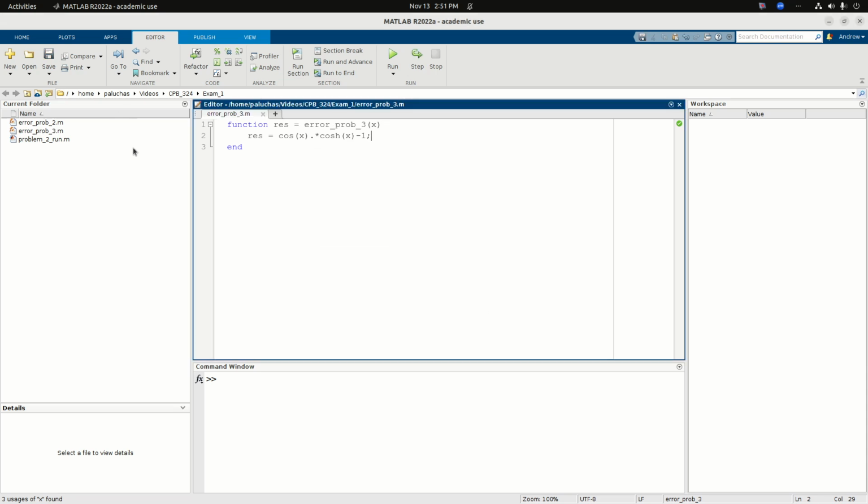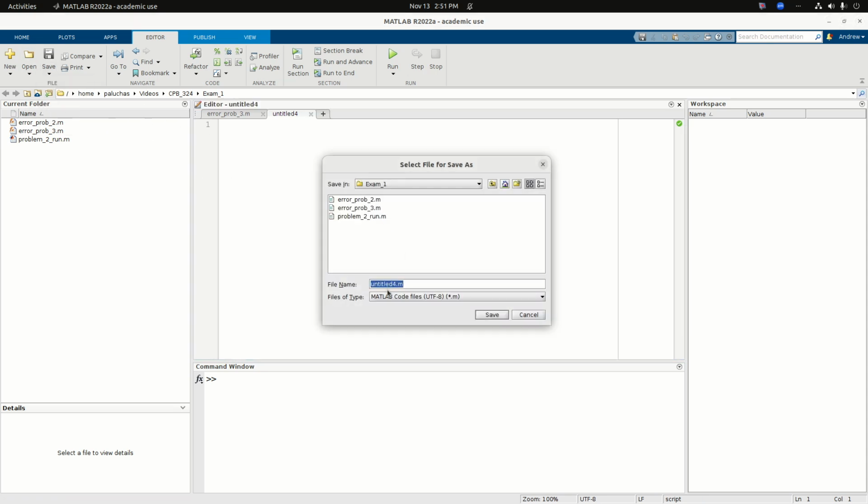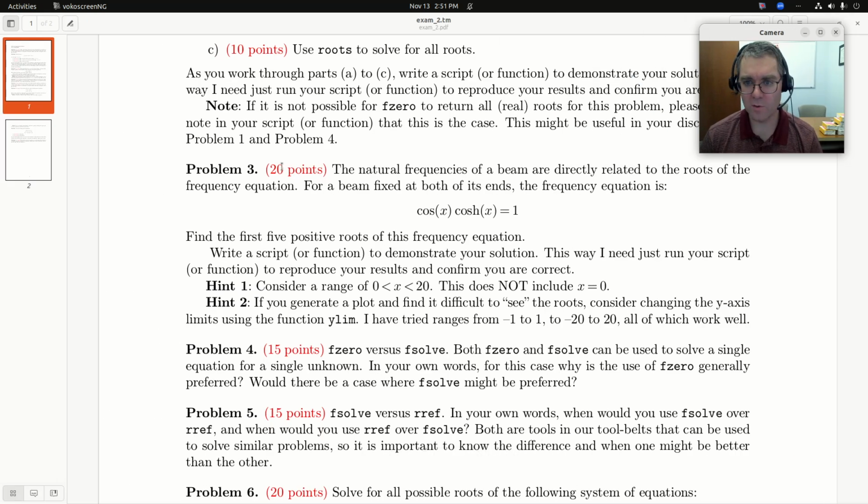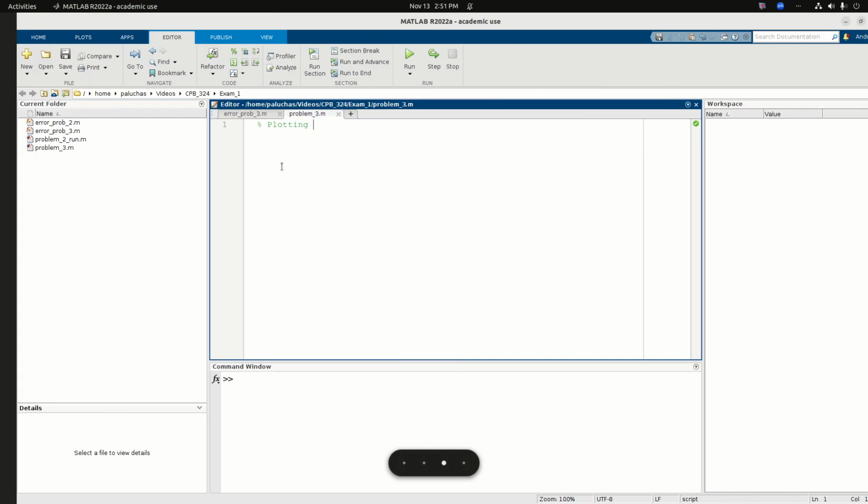I could create a new function on top, but I'm going to do the new script route because I'm assuming that's what most of you would probably do. I'm going to call this problem 3. To visualize, I'm going to start by plotting, and we're told to search over the range of 0 to 20.